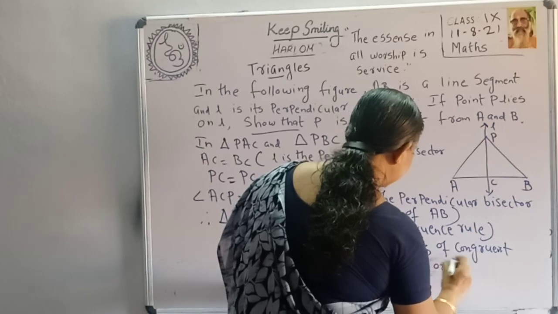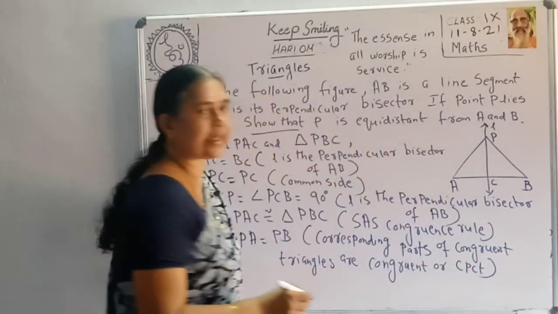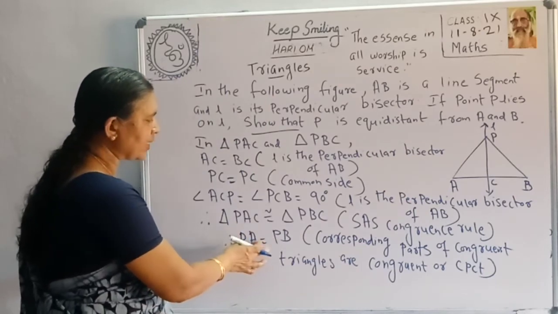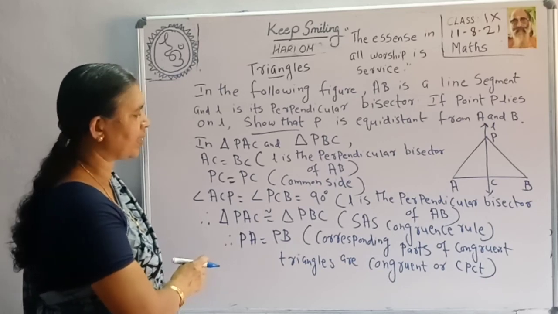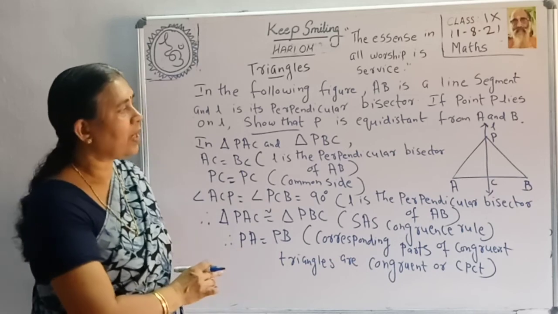So what is CPCT? Corresponding parts of congruent triangles. Therefore, PA is equal to PB. Therefore, we prove that P is equidistant from A and B.